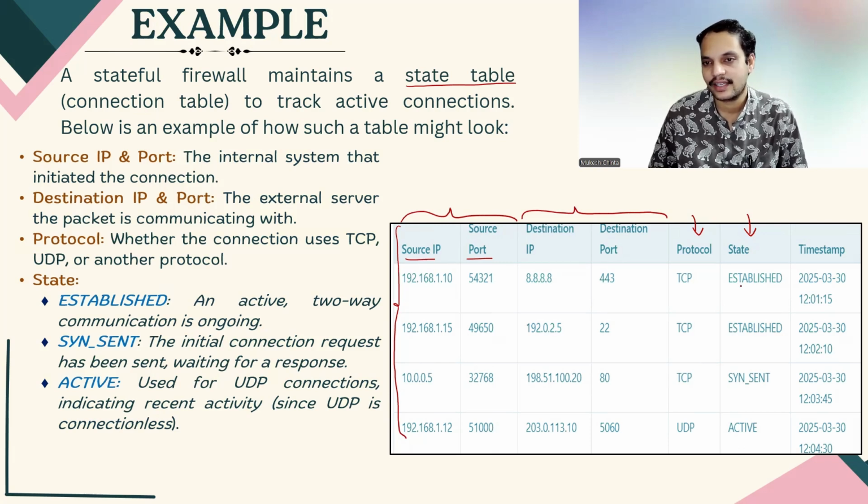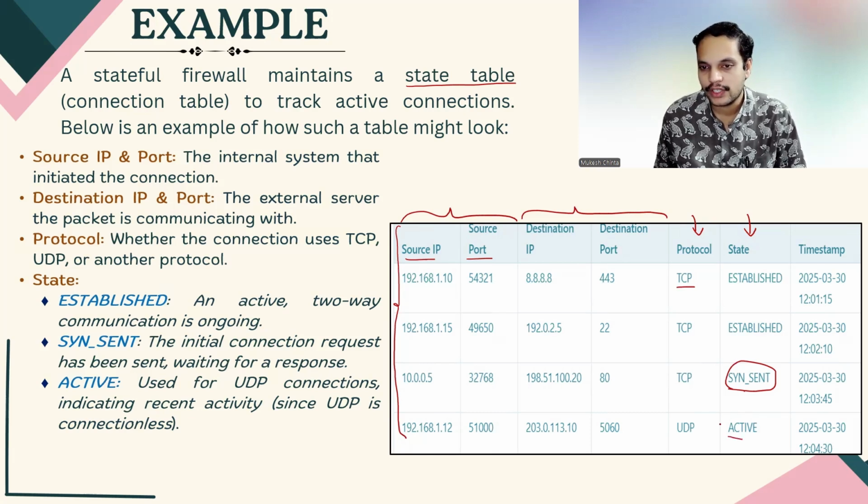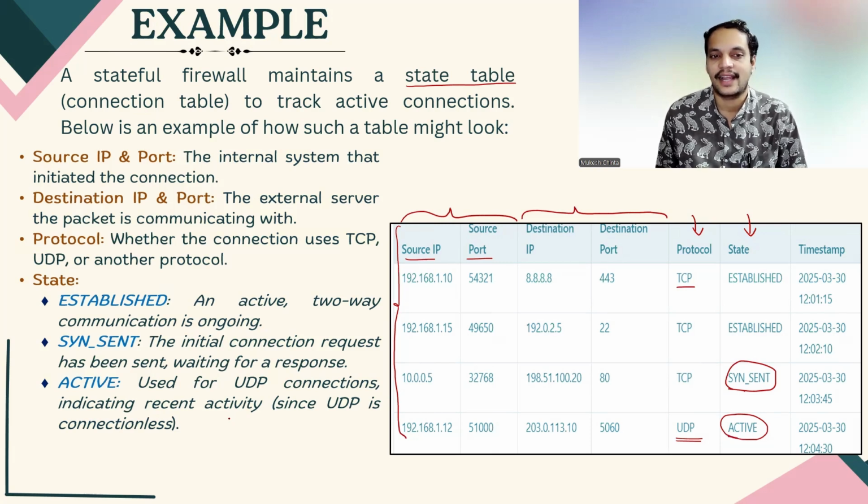If the state is established, it means there is active two-way communication going on using the TCP protocol. If the state is SYN sent, it means the initial connection request has been sent and the firewall is waiting for a response. The last one is the active state, which tells you that the protocol being used is UDP, which is connectionless; this state is used for UDP connections to indicate recent activity.